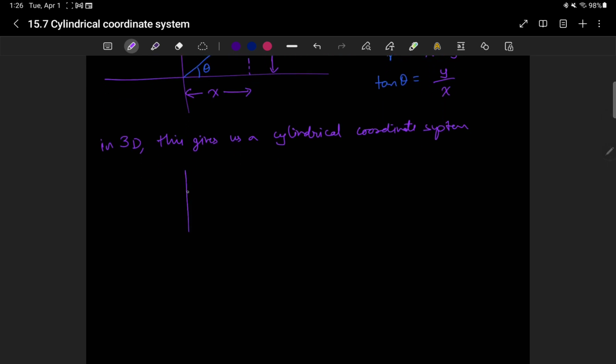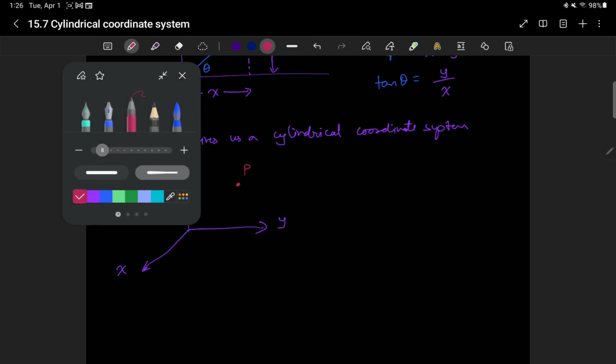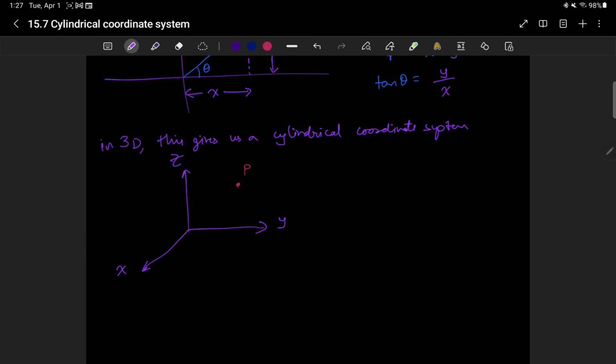In our representation of the 3-dimensional axes, we usually put xy over here and z going out of the plane. If I have any point P that's up here in space, I can project this down to the xy plane, and I can call this height z.